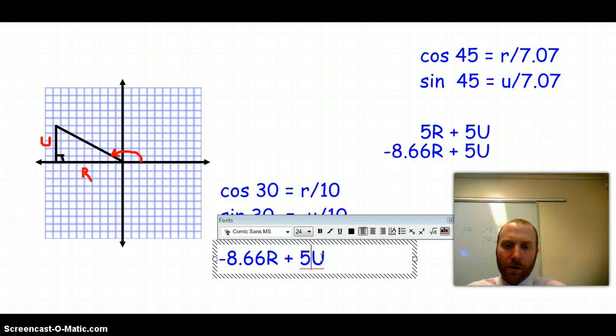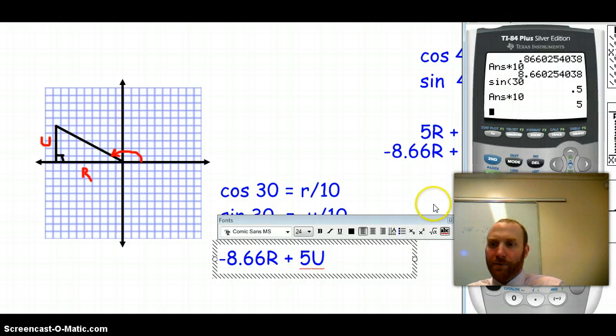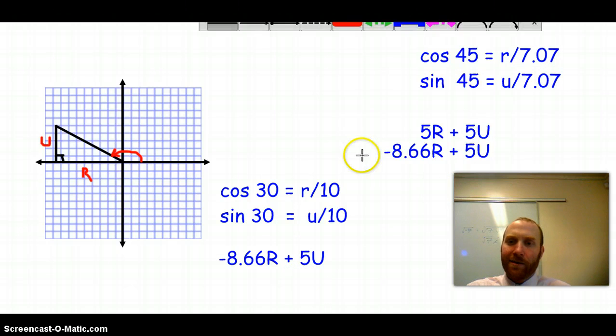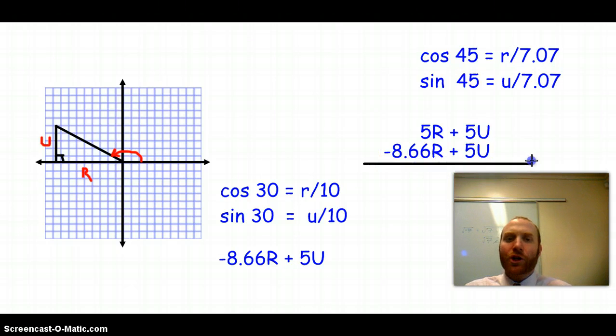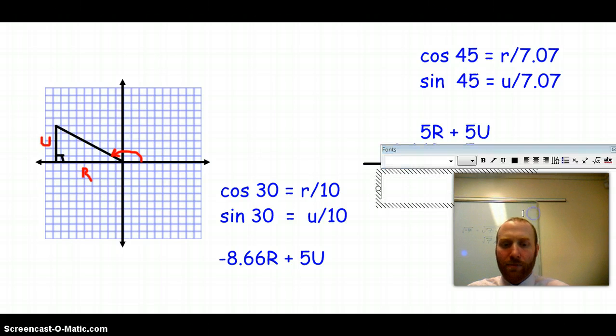So that was a 5, as we saw in the calculator, bring that back up. That's 5. I wrote 10. I actually ended up overall back at, oh, well, this is added together. These two become negative 3.66 r plus 10 u.